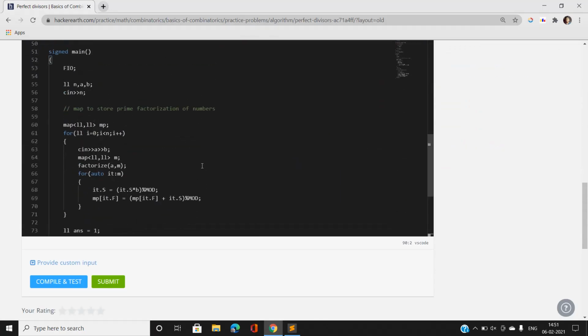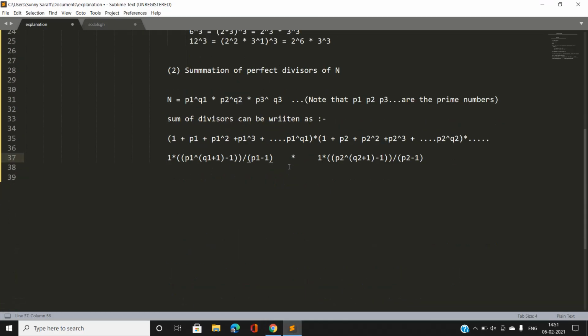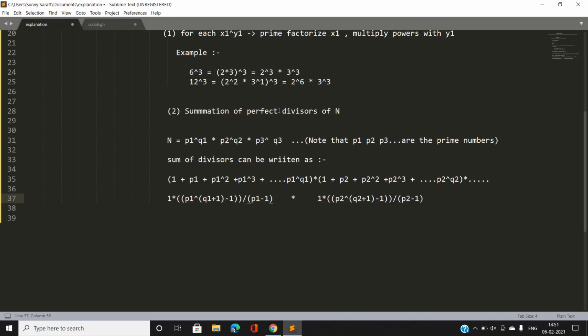Okay, so before moving further, one thing: this is the sum of divisors of n. We can use this as the sum of divisors of n.